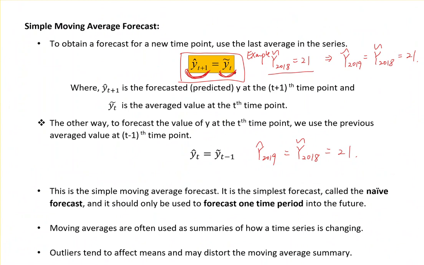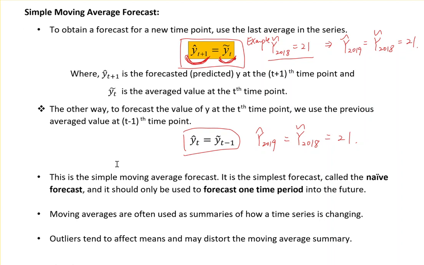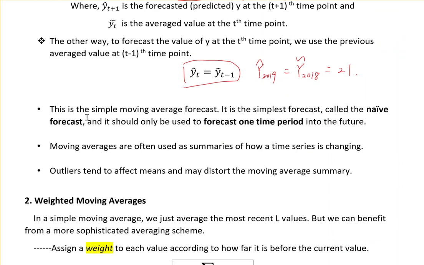So these two formulas are the same. The idea is, if you want to make the prediction of the next time point, you need to use the previous estimated value. And then how you get the estimated value, you need to take the averages. All right, so again, that means the same thing we have already talked about, that we can only use this method to forecast one time period into the future.